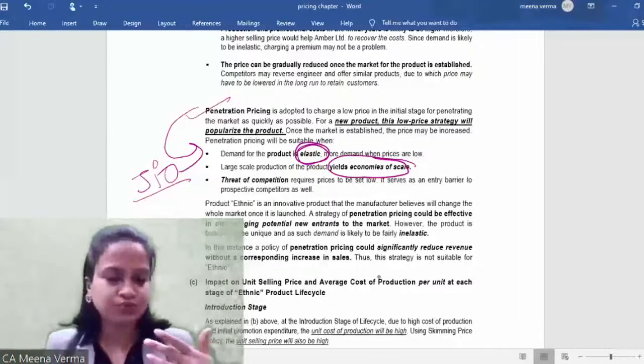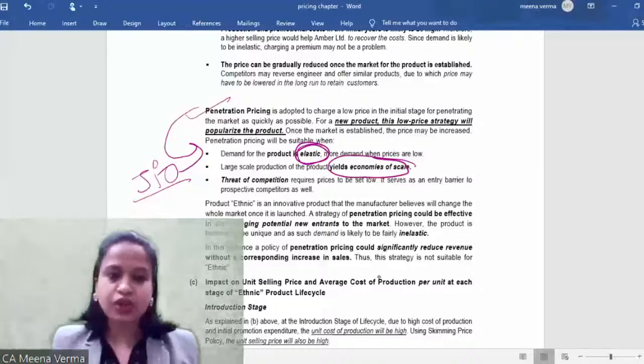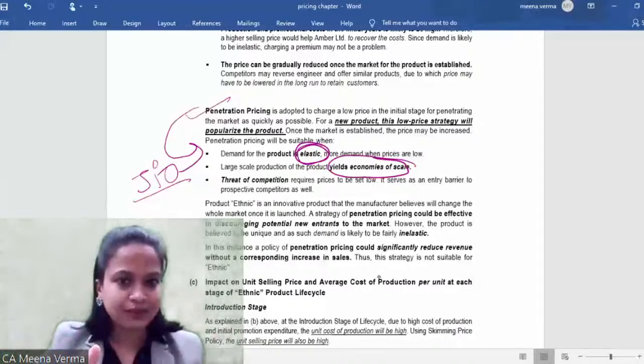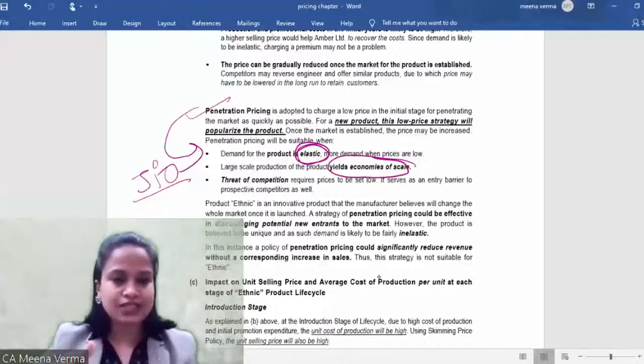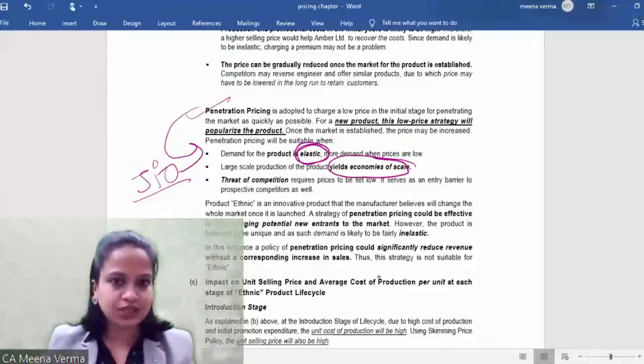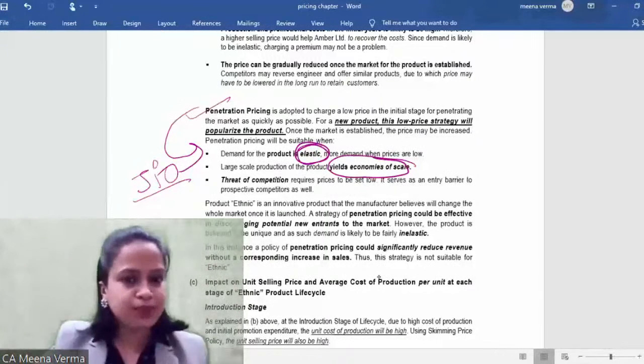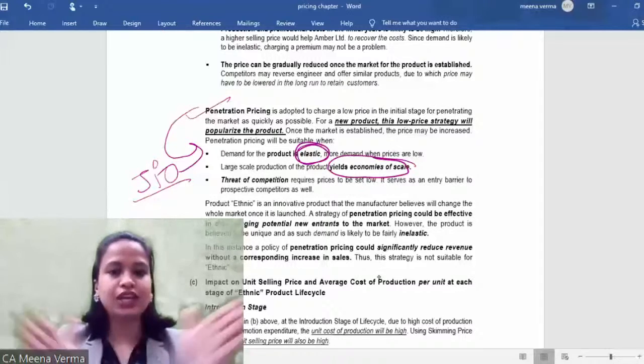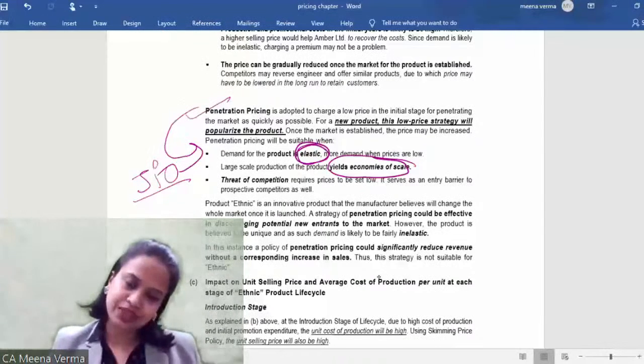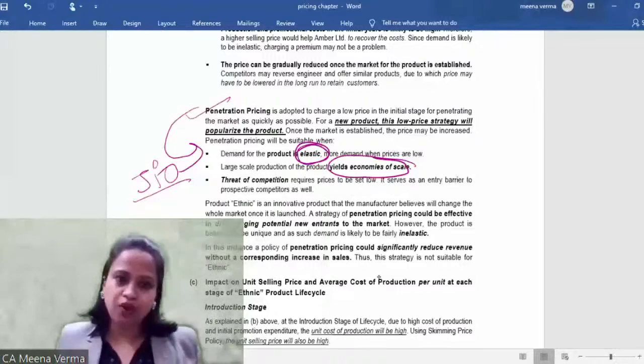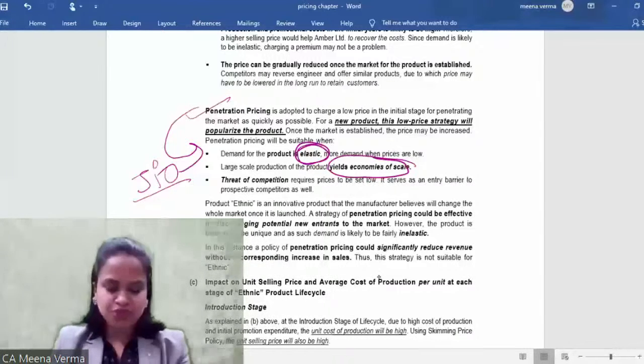So by following the market penetration technique, they know the market is elastic for their product. Following this technique, they have gained economy of scale. They have gained a large number of customers and captured a large market.